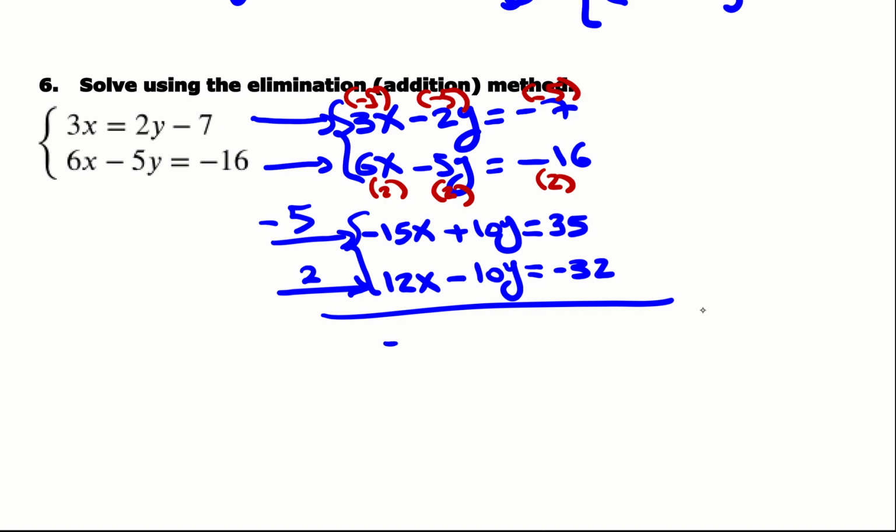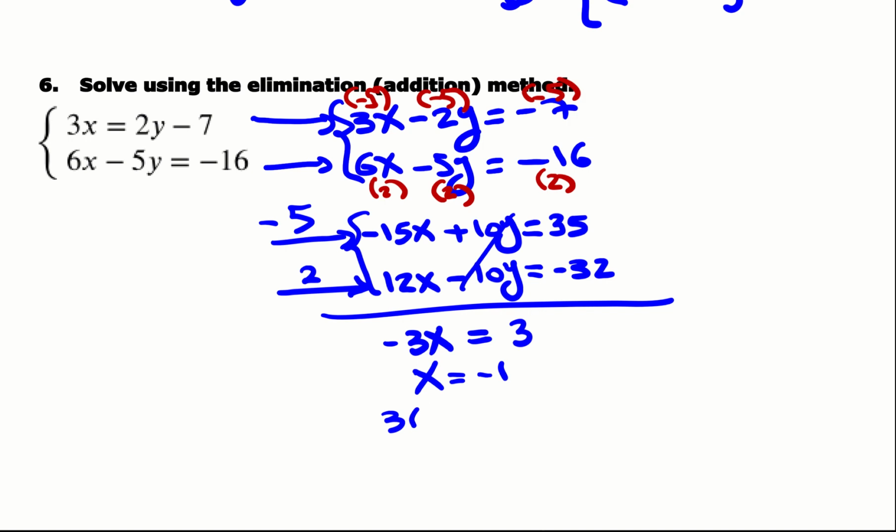So we end up with negative 3x equals 3, because the y's cancel out. So we get x equals negative 1. Again, we can go to either one of these equations and get y. So we'll just go to the first one because of the smaller coefficients.